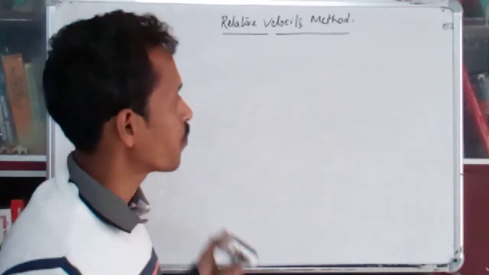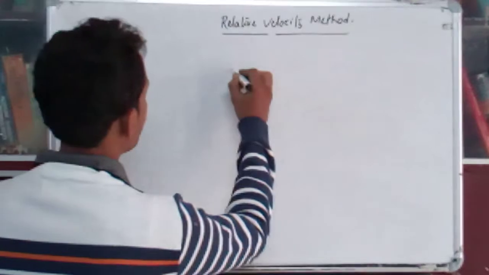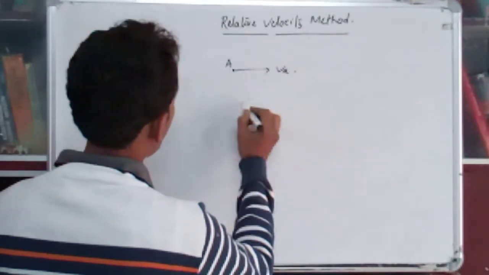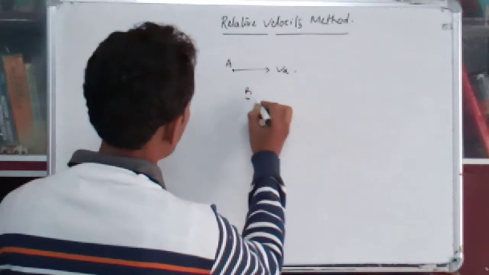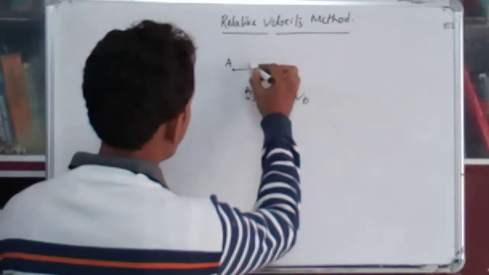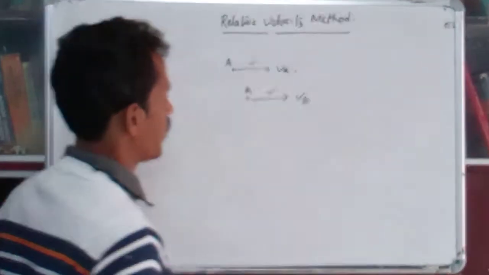If you consider a point with velocity VA, and another point B with velocity VB, those velocities are known as absolute velocity.